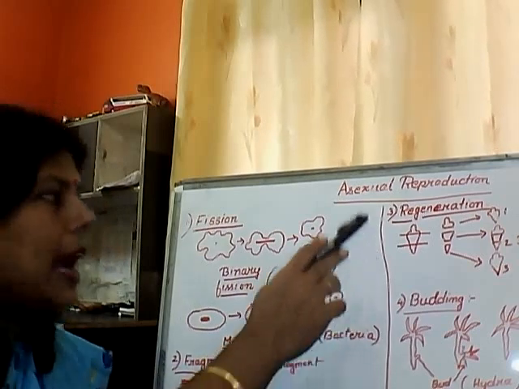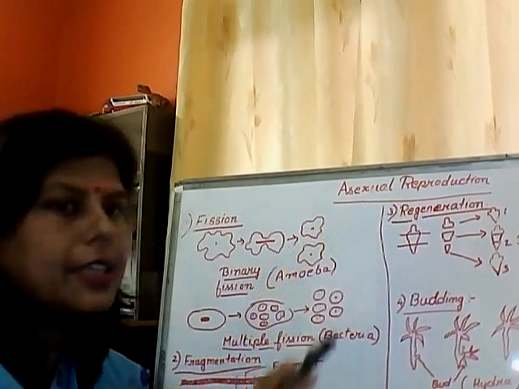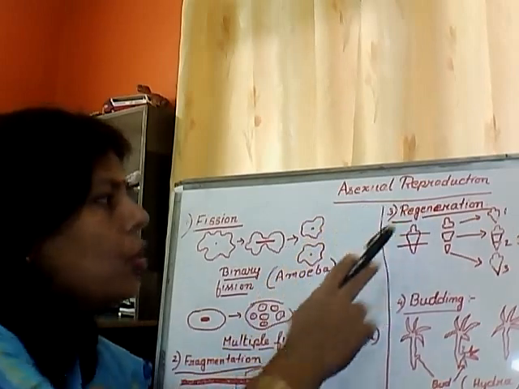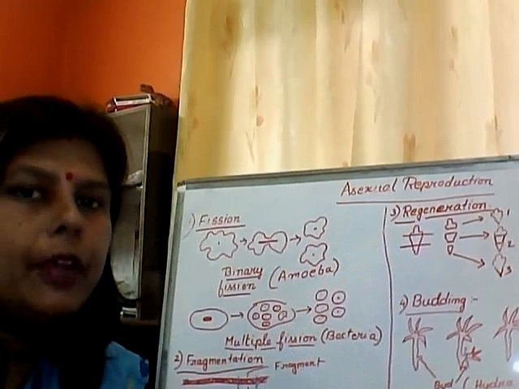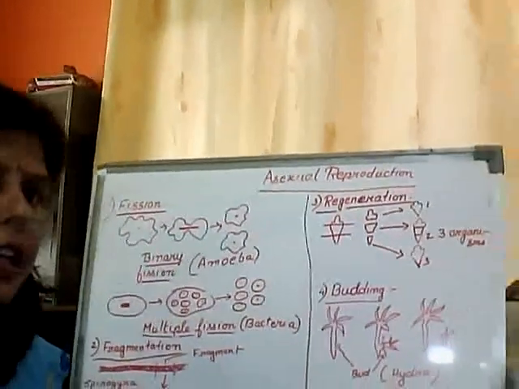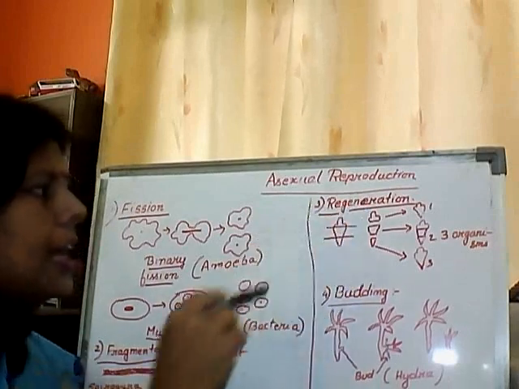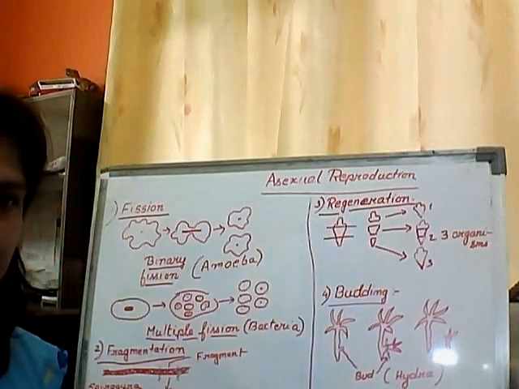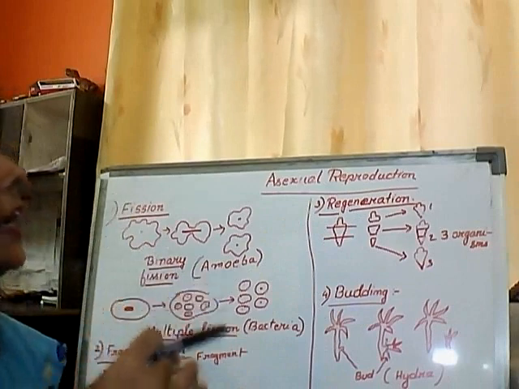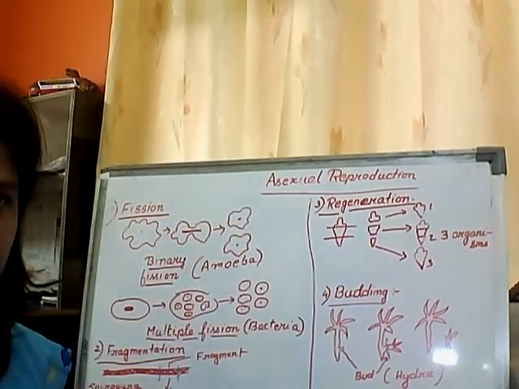Then you go to the third type of asexual reproduction, which is known as regeneration. Now in regeneration, the term itself indicates regenerate, or from one part it gives rise to a new individual.